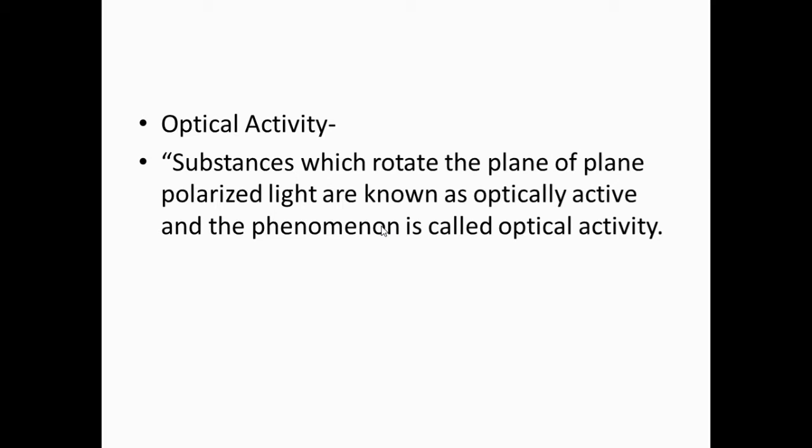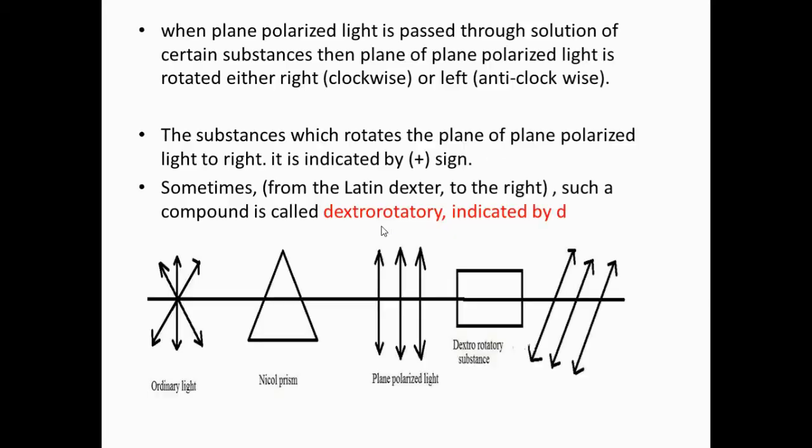Substances which rotate the plane of plane polarized light are known as optically active compounds, and the phenomenon is called optical activity. When plane polarized light is passed through a solution of certain substances, the plane is rotated either right or left.